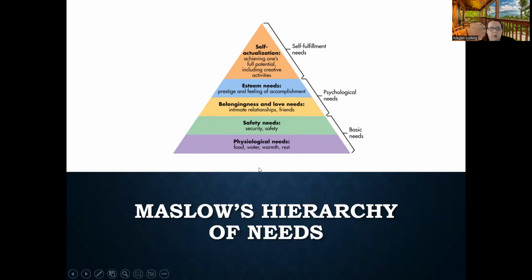We are super concerned with making sure they're getting their nutrition met so they can heal, making sure they're warm, making sure they're safe, okay? We're not going to be able to build friendships with them, although we can make sure they belong and feel like they're being heard if they're voicing concerns. So we can affect that to some degree.